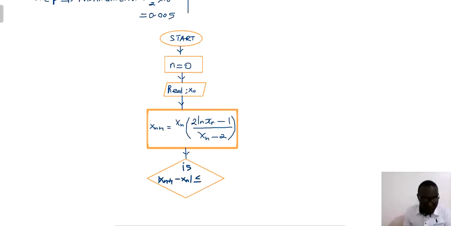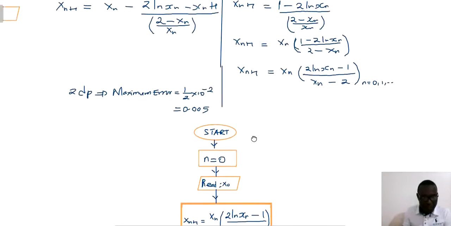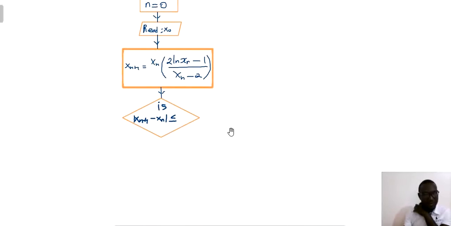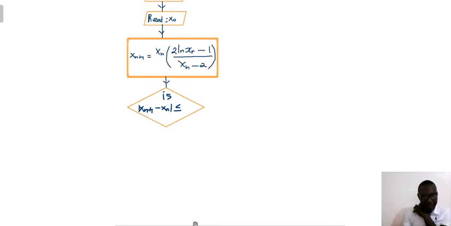We were given the maximum possible error. It's right here. We read the question and it required us to have our answer to 2 decimal places, which was interpreted by the maximum possible error as 0.005. All right, so is the error less than the maximum possible error, which is 0.005.